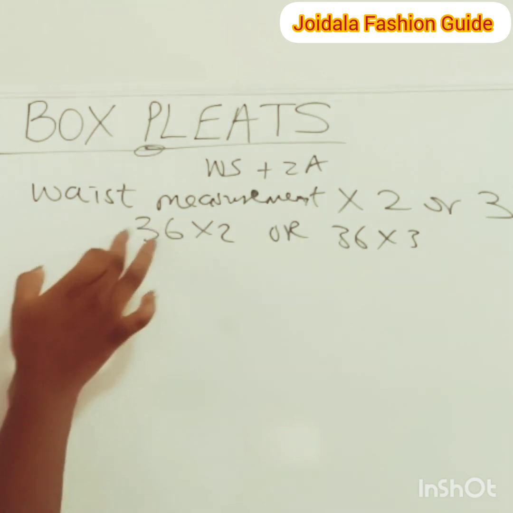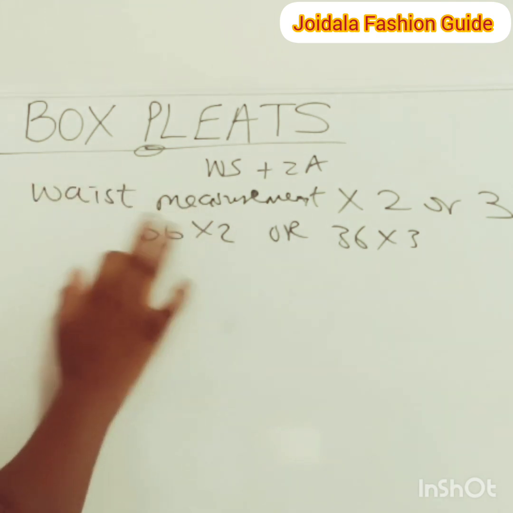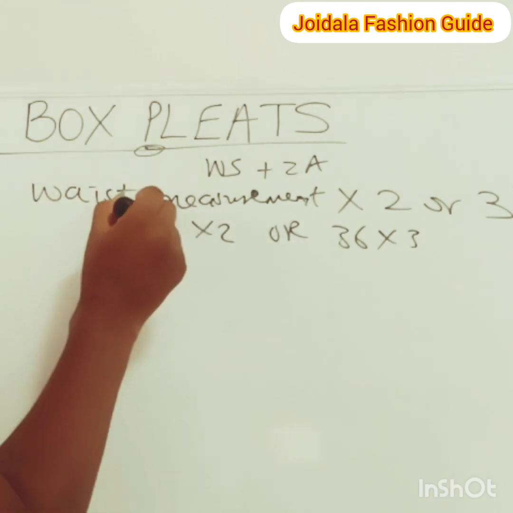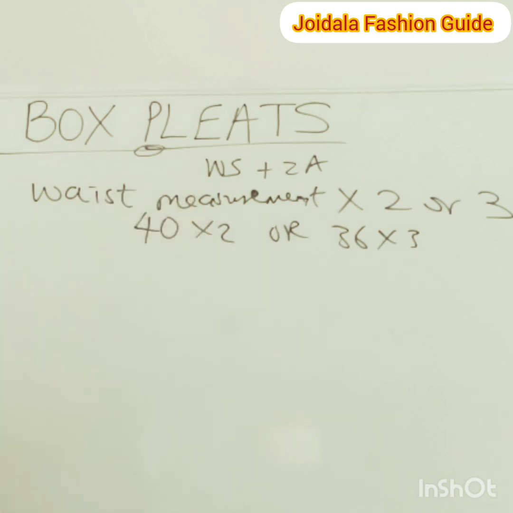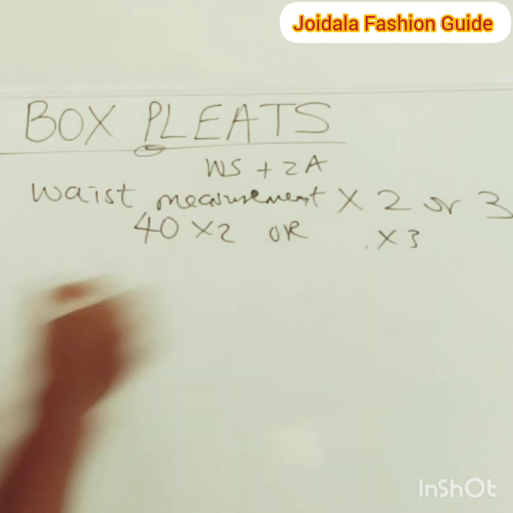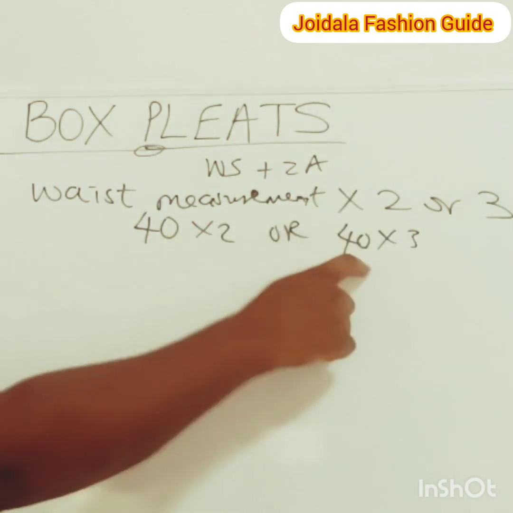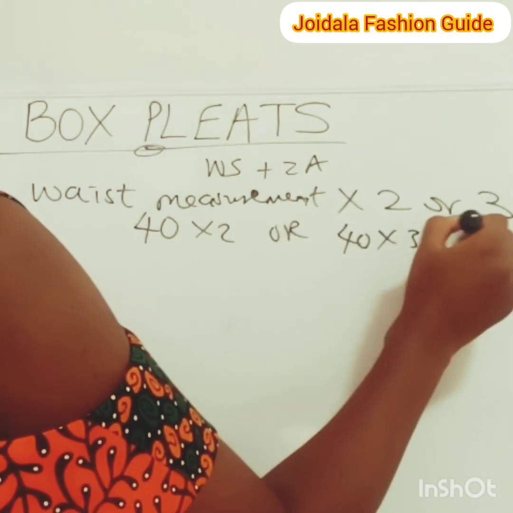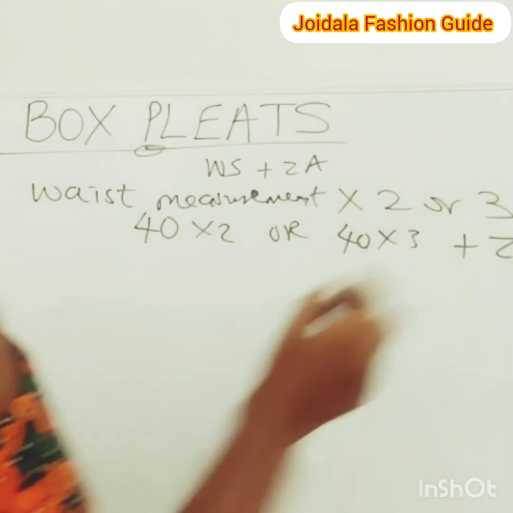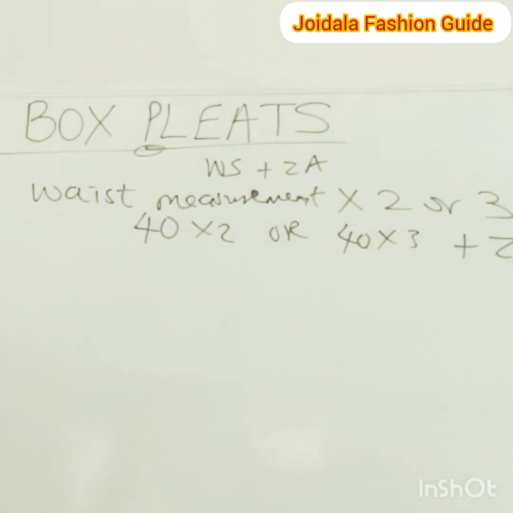Or if your waist is, let's say, 40, then you simply say 40 times 2 or 40 times 3. And then whatever answer that you have, you add zipper allowance to it. The zipper allowance can be 2 inches on both sides, making 4, or 1.5 inches on each side, making 3.